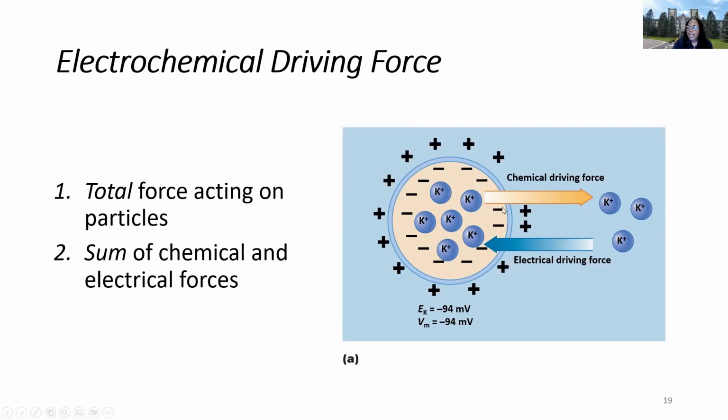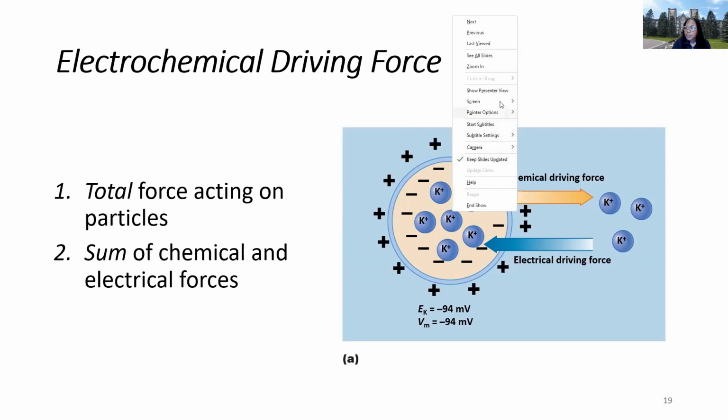So let's take a cation like potassium, for example. We can break out the concentration gradient and look at the difference in the number of particles, which is the chemical driving force. So higher concentration on the inside for potassium, lower concentration on the outside for potassium.